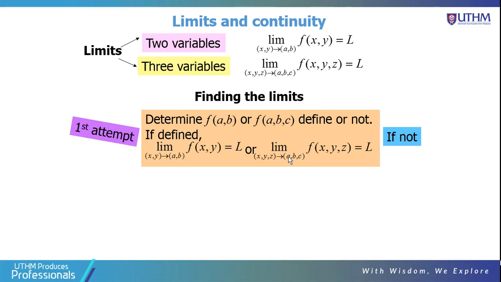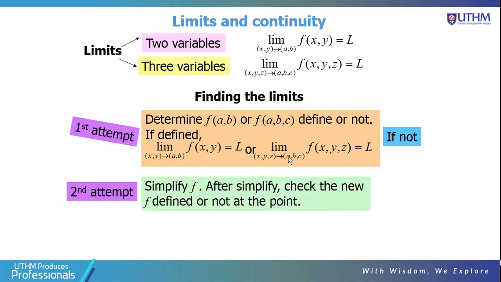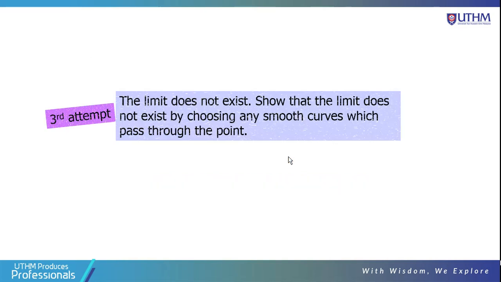If not, we try to simplify and check the new f, whether it can be defined or not. If not, we try a third attempt: show that the limit does not exist by choosing any smooth curve passing to that point. This is how we prove that the limit exists or does not exist.